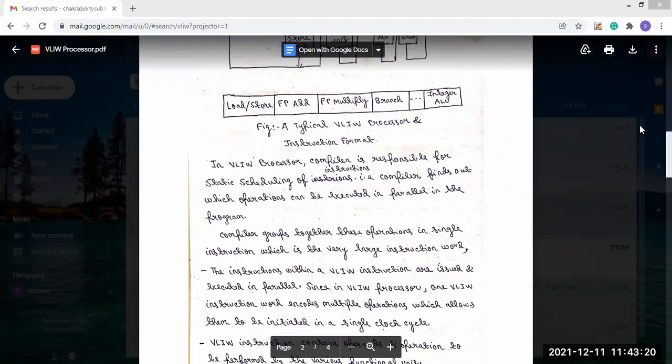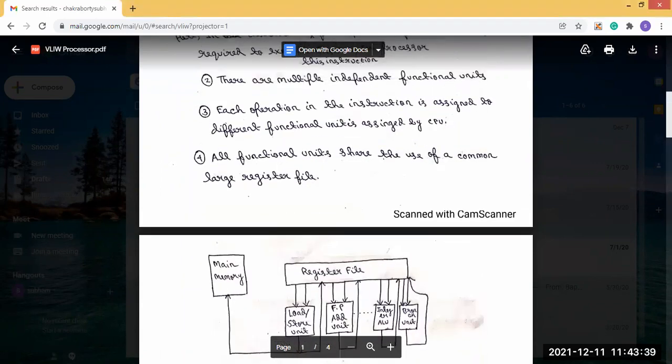Let's say in this VLIW instruction format we have 4 independent operations, taking the example we used previously.